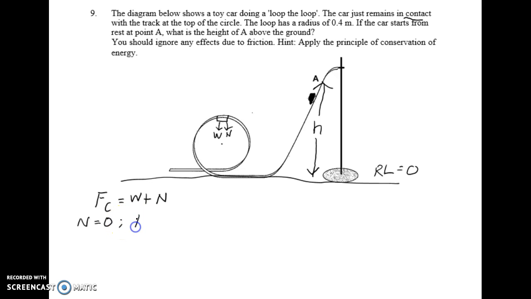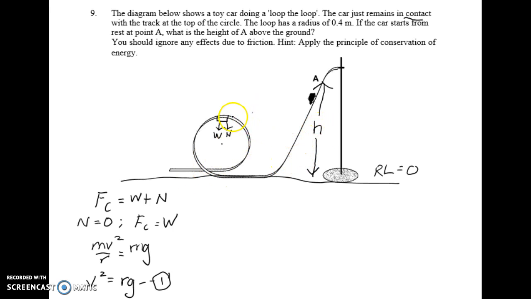So in other words, this FC is equal to W. FC is mv squared over r, and W is mg. So what we have here is v squared equals r multiplied by g. This is one equation that we can be sure of at the top of the loop. But you have to answer the real question here, what's the height here?